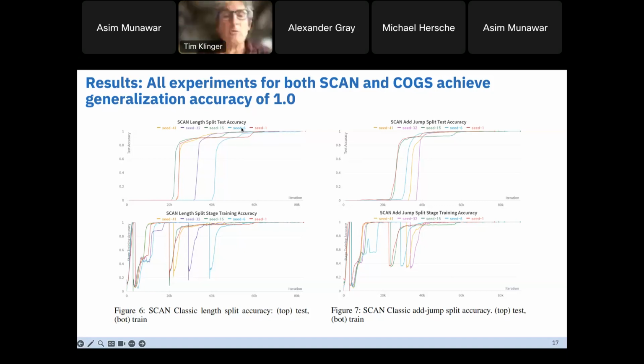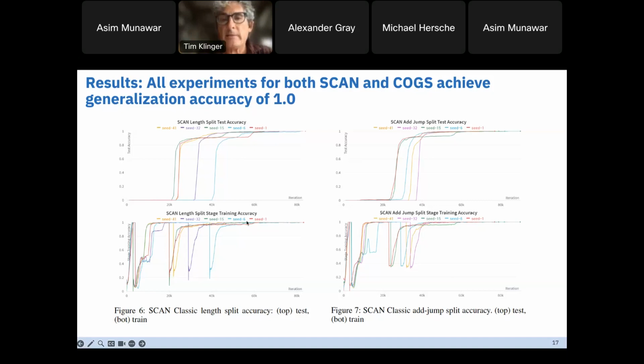This is COGS. This is maybe the most impressive, or the most striking result. COGS is a very difficult data set, and here is the extreme few-shot training data set of just 22 sentences. And here you see the same pattern. The left is training. You see the same pattern of increasing competence for each stage.